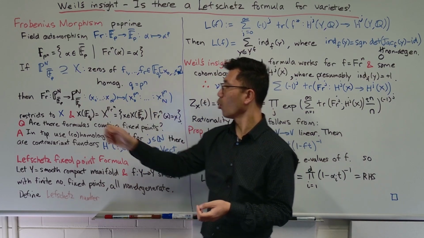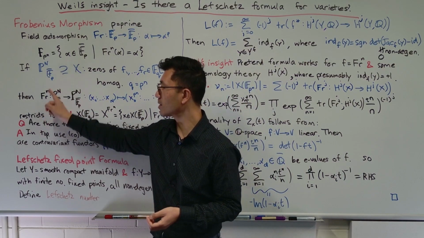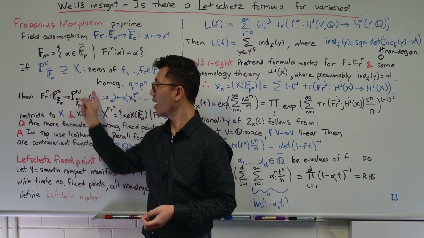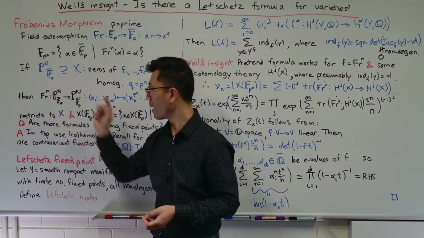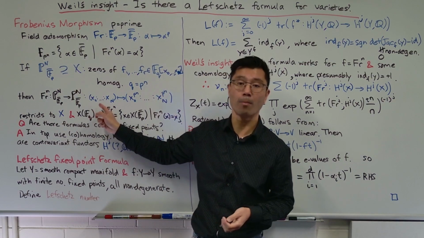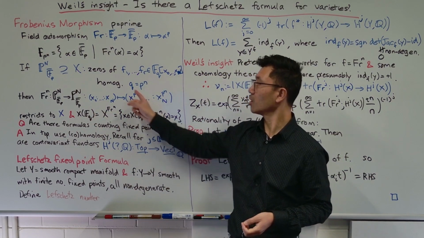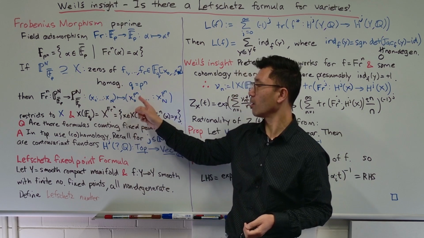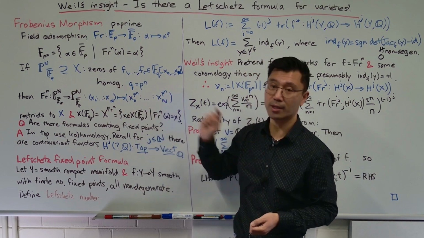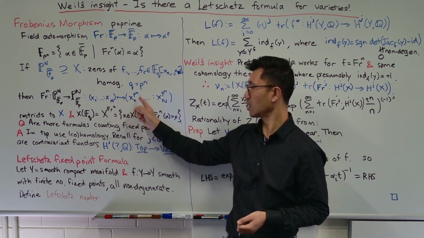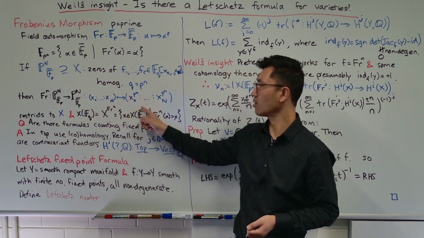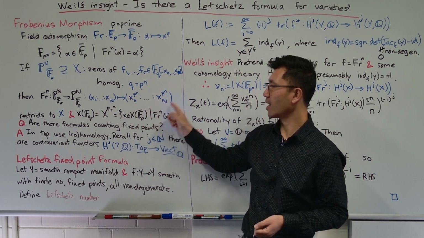So we have an nth power of the Frobenius acting on this projective space here. It takes the point with homogeneous coordinates x0 up to xN to, you just apply the nth power of the Frobenius to each of these coordinates. So that takes x0 up to xN to x0 to the p to the n, all the way up to xN to the p to the n.